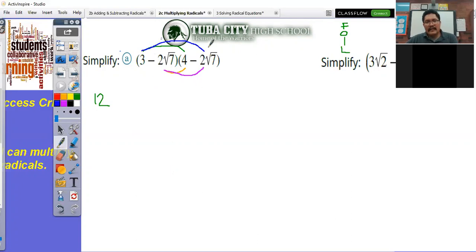And here I have the outside, which is the second step. Outside numbers are the two numbers farthest apart from each other. And be careful with these ones, because when you have a negative, that negative is part of the problem.